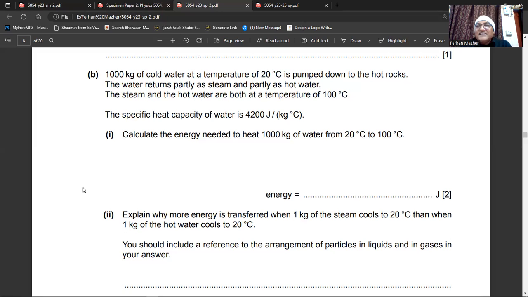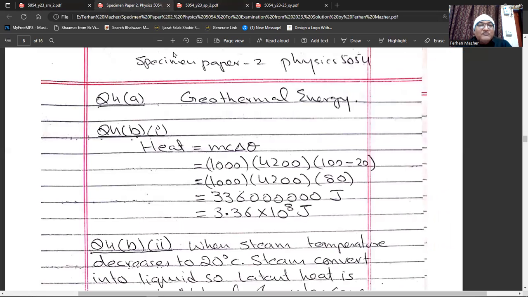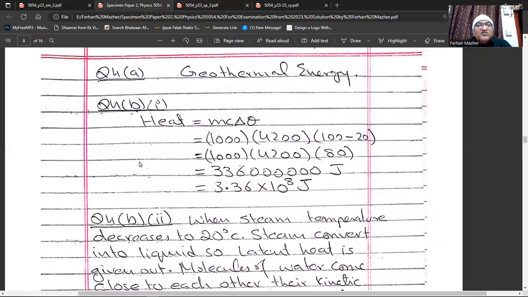When the temperature changes, the formula for the heat is Q equals mc delta theta, where m is the mass in kg, c is the specific heat capacity, and delta theta is the change in temperature.